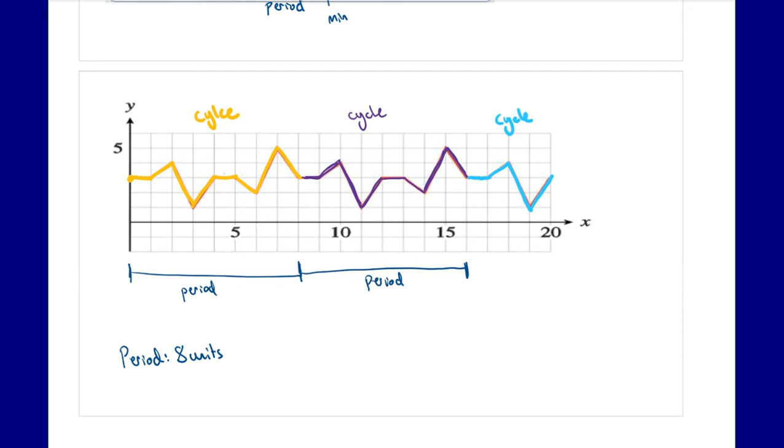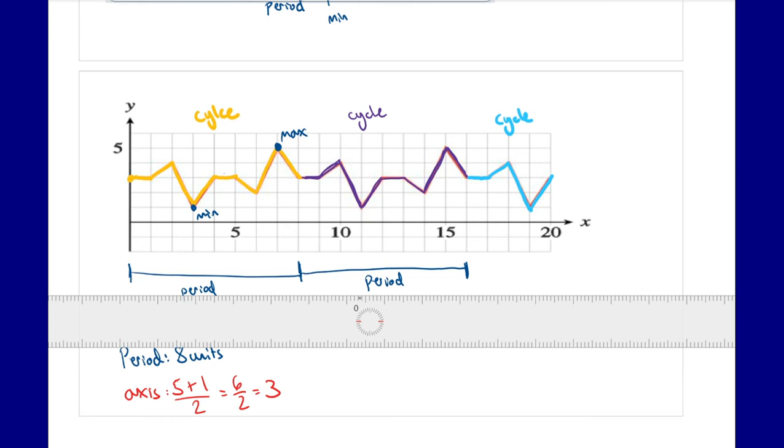Next, for the axis, we take the minimum value and the maximum value. So the highest point on my cycle is here. The lowest point is here. So for my axis, the highest point 5 plus the lowest point 1 divided by 2. We get 6 over 2, or 3.